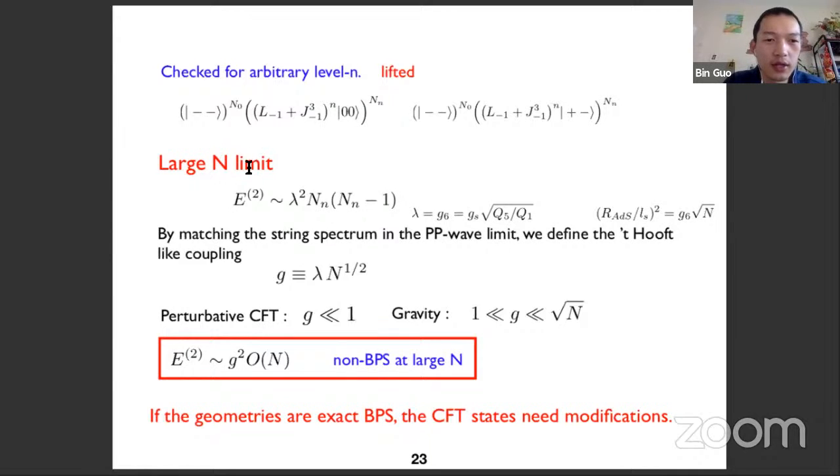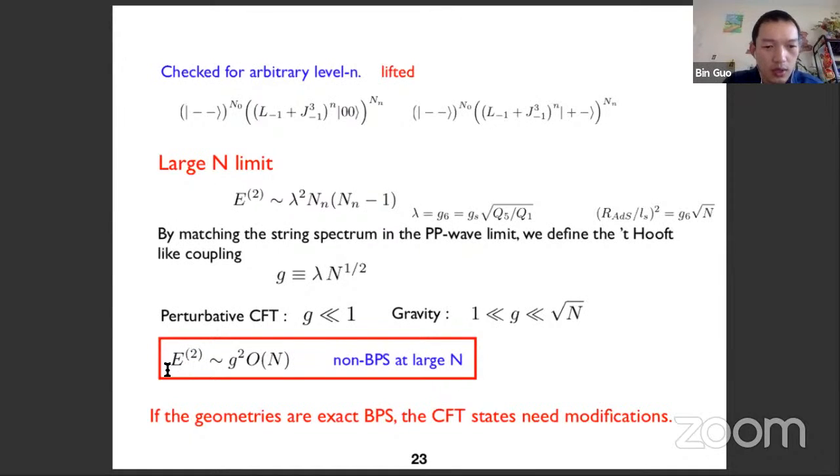Now let's take a large N limit because the twist operator can join any 2 supergravitons. So the lifting matrix E2 is proportional to N squared. And by matching the string spectrum in the pp-wave limit, we can define the 't Hooft coupling G, and G much less than 1 is in the perturbative CFT region, and G between 1 and the square root of N is in the gravity region.